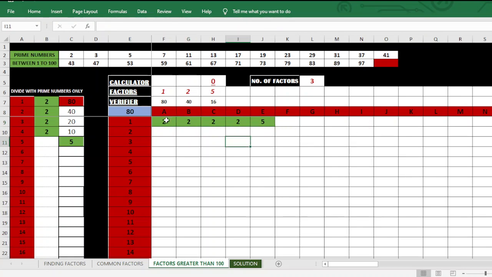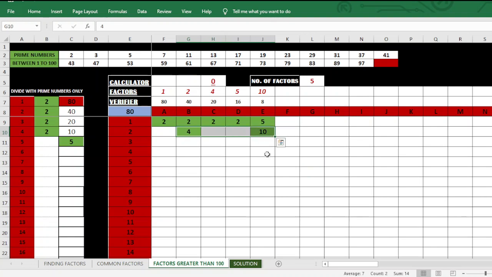So now let's see. 2 is our first number, right? So we multiply 2 by what? 2, we get 4. Since we are done with 2 by 2, we can't do 2 by 2 again. So our next number should be 5. 2 times 5 should give us 10.